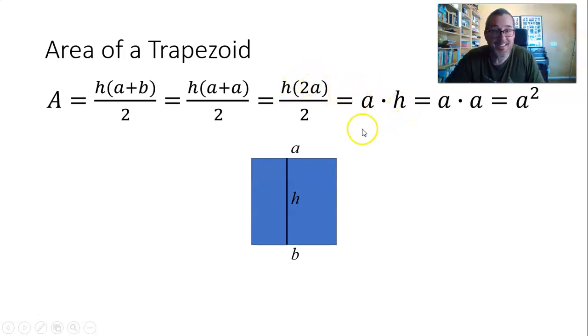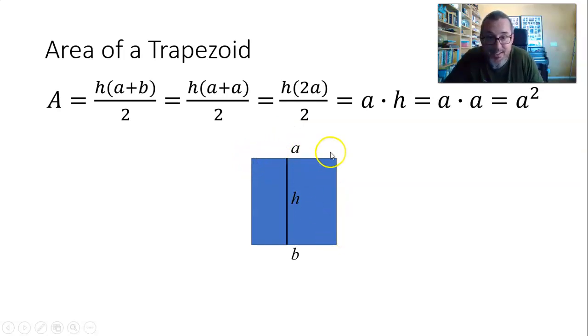But now, because this is a square, aren't h and a, and this side and this side and this side, all these measurements the same since this is a square? Yes. So h and a are the same. So a times h can be equivalently expressed as a times a, which is a squared. The area of a square is an a by a square.